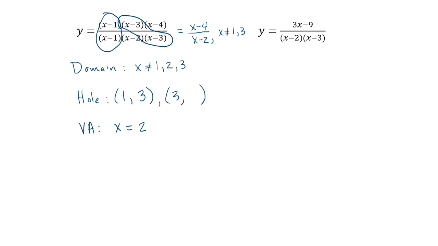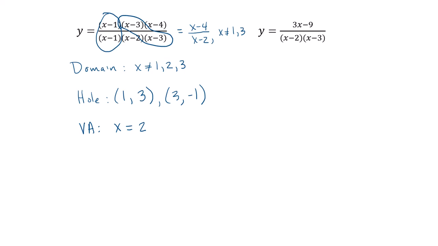I have a hole at 1, 3. And if x were 3, I would have a -1 on top and a 1 on the bottom. So -1 divided by 1 is -1.